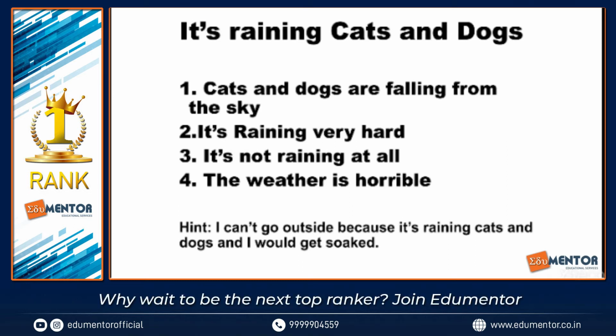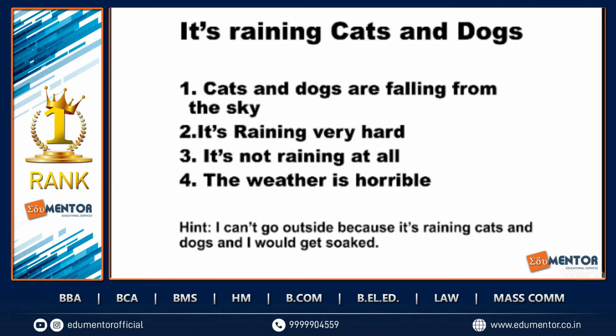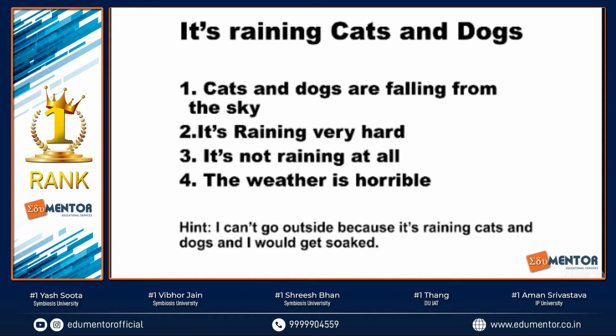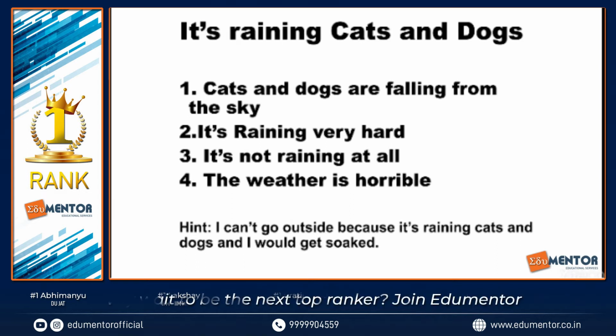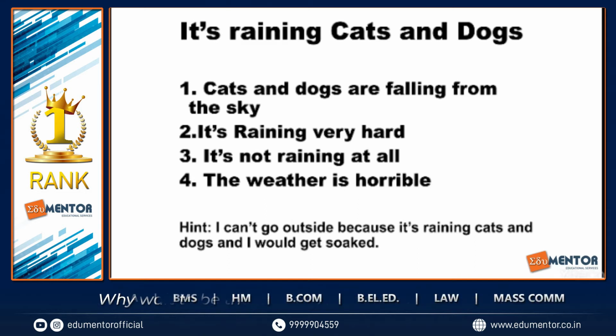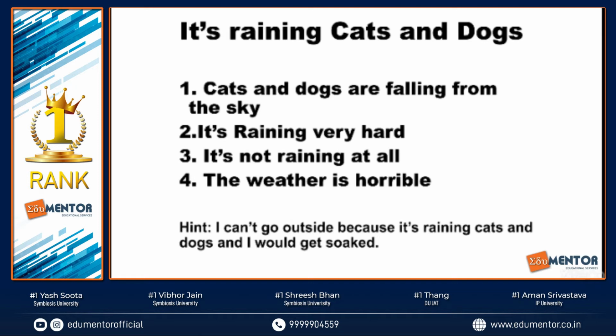So the first one is cats and dogs are falling from the sky. Well, I'll just go back to the previous slide. In the previous slide, it mentions categorically that idioms are words and phrases or expressions that are not interpreted logically or literally. So the first and foremost and the most important rule of all when it comes to idioms is that an idiom can never be literal. So when we are faced with an idiom like it's raining cats and dogs, it can never be the literal meaning.